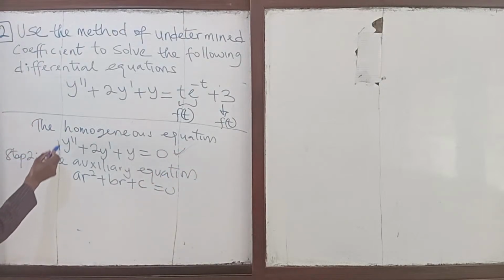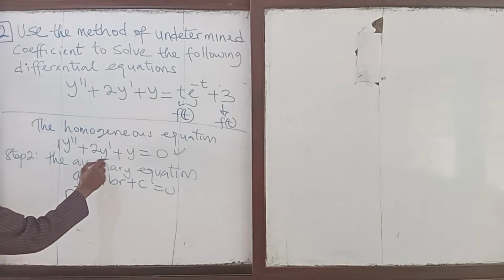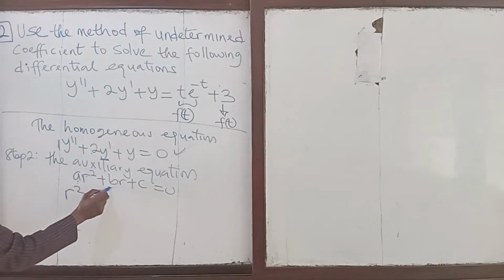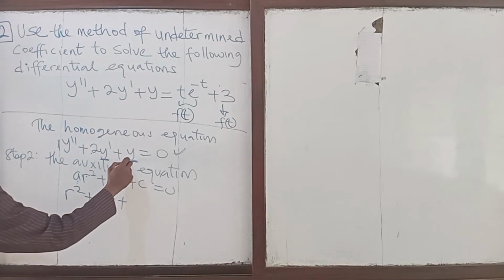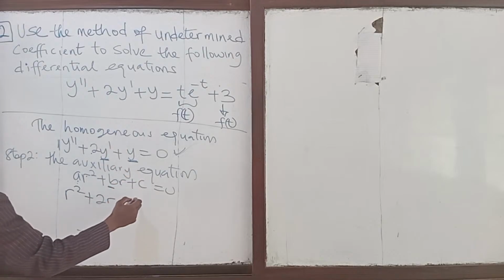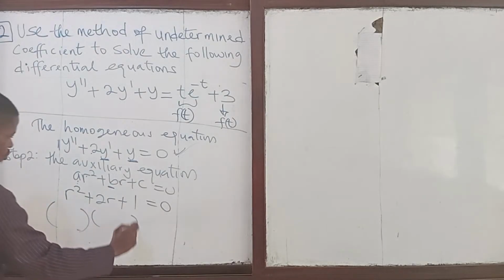The coefficient of your second differential is your A, that will be 1 times R squared. The coefficient of the first differential is your B, that's plus 2 times R. The coefficient of your y is the C. C is 1. Then you can factorize it or solve it any way you want.